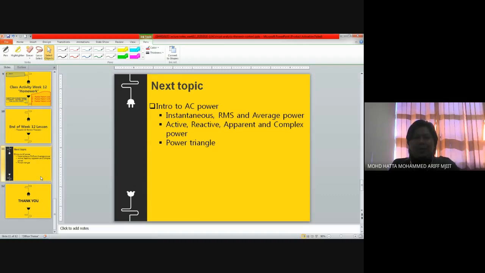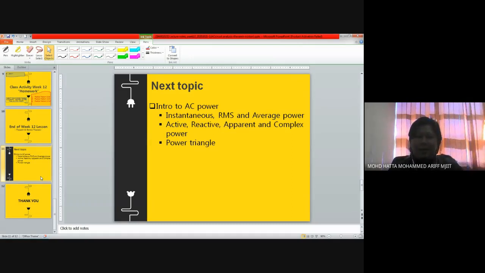If you combine active and reactive power, it comes out as a power known as complex power. Basically, active and reactive power are the real power and the imaginary power, if you consider it a complex number.